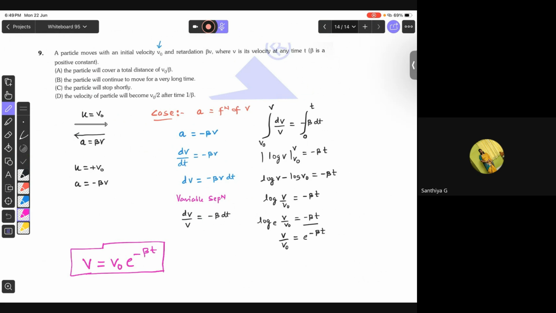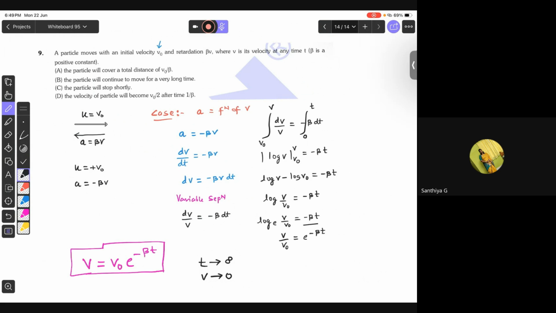If I ask you how long this particle will be traveling until its speed is 0, the speed will be 0 when t is infinity. So when t tends to infinity, v tends to 0.